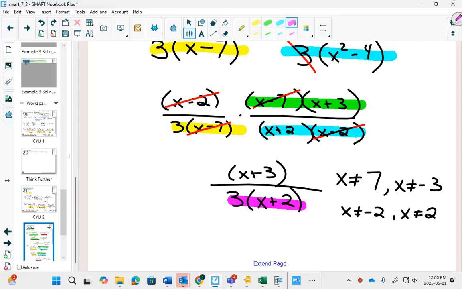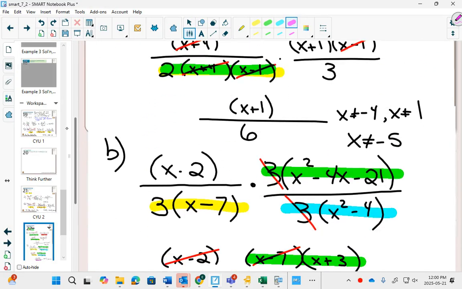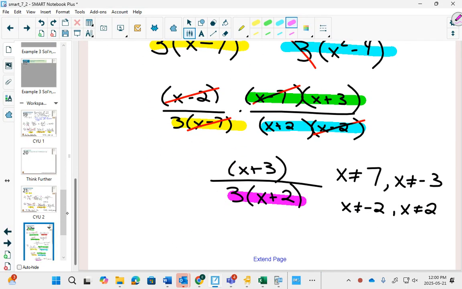If you take out the same kind of highlighter and check them all, just know that the most factored form is going to be where you're going to get your non-permissible values from. But I color-coded it to say, technically I don't have to check this blue one because I'm checking that blue one here. Technically I don't have to check the green one right from the beginning because I checked the green one when it was fully factored.